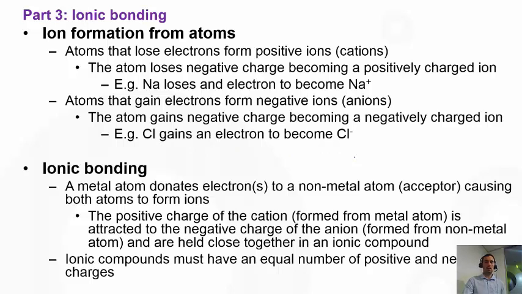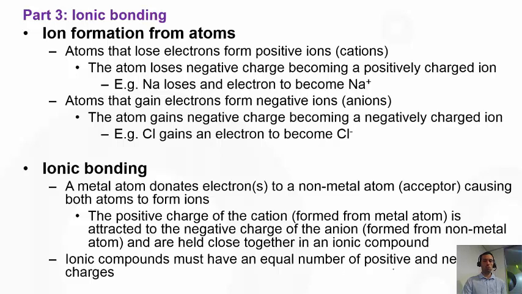Chlorine is a non-metal. Ionic bonding basically involves one metal and one non-metal. The metal is going to be the donor of the electron, which is going to be accepted by the non-metal, which causes each to become an ion. So we've got the positively charged metal cation and the negatively charged non-metal anion coming together to form the ionic compound.